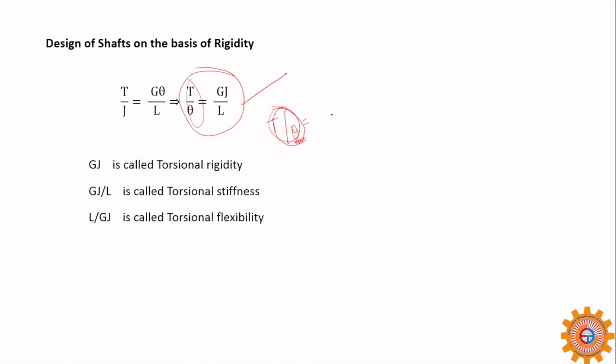T by theta is torsional stiffness, equal to GJ by L, where L is the length of the shaft. Next, GJ is called torsional rigidity. GJ by L for unit length is called torsional stiffness. The reciprocal of stiffness is called flexibility.